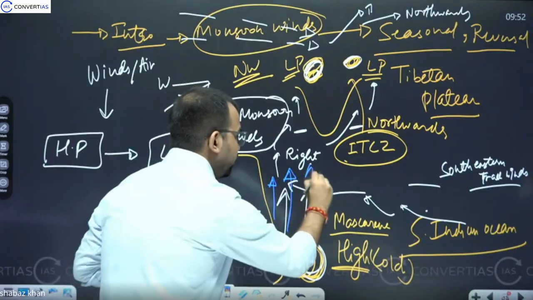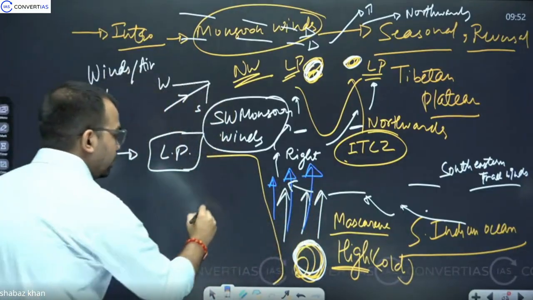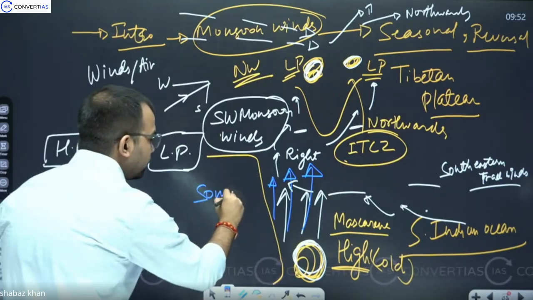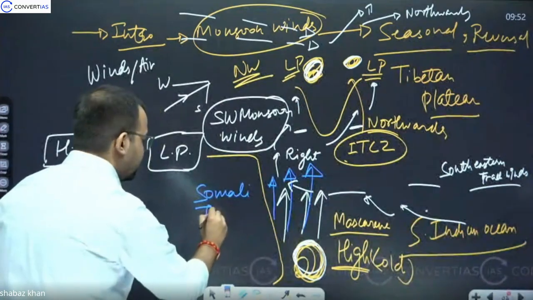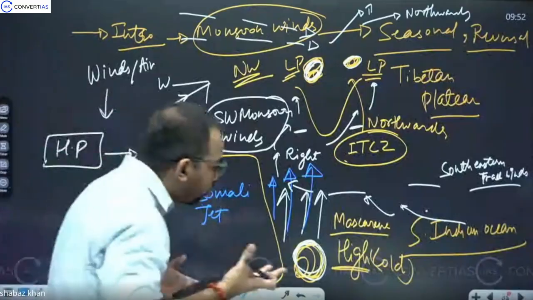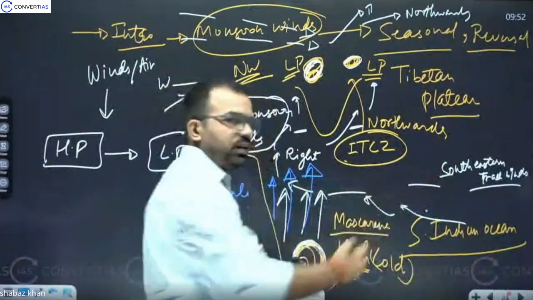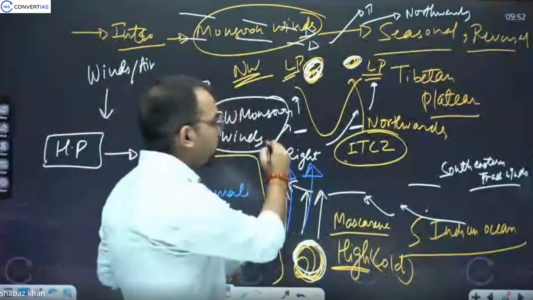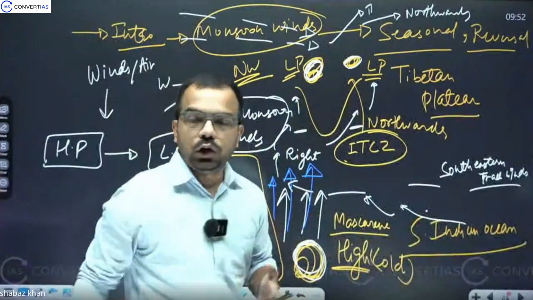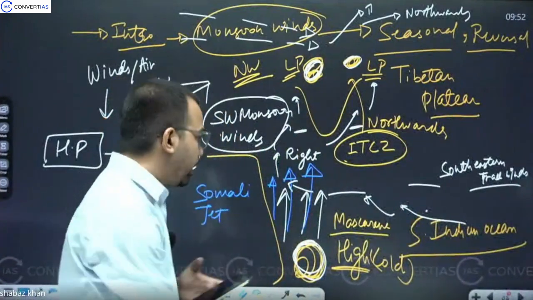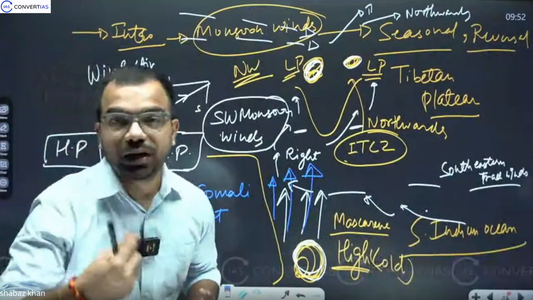What is the name of this jet stream? The Somali jet. The Somali jet is going to push these winds towards the Indian low pressure. So the Somali jet stream is going to be a very determining factor.